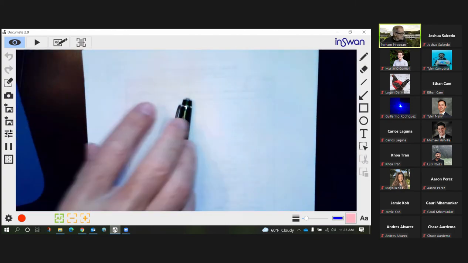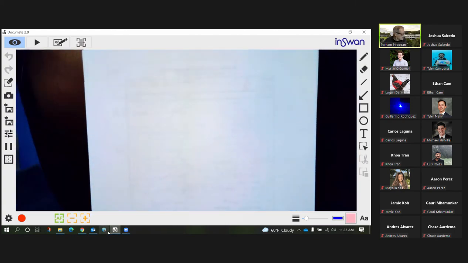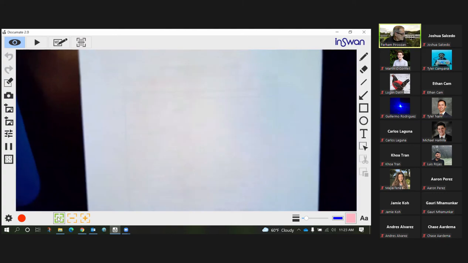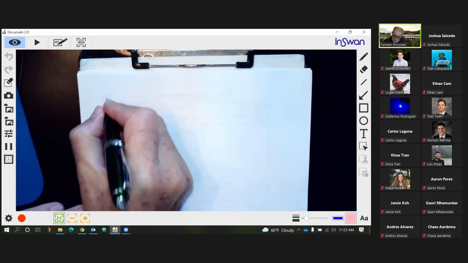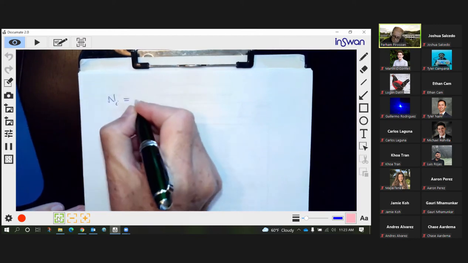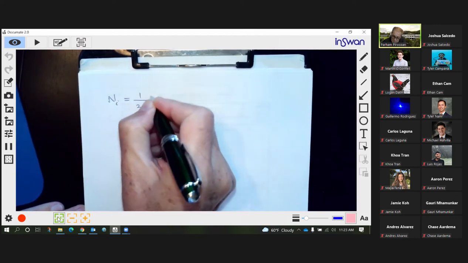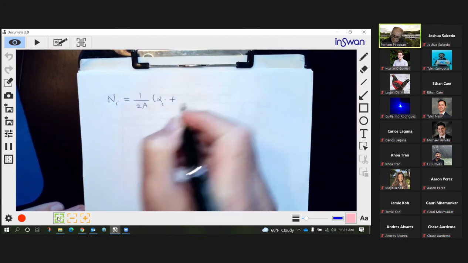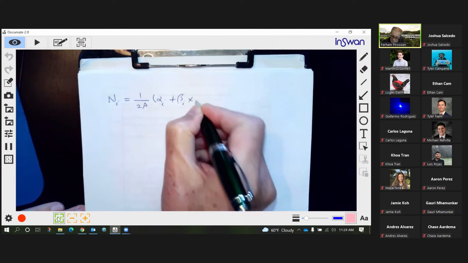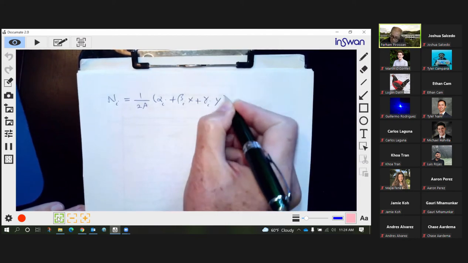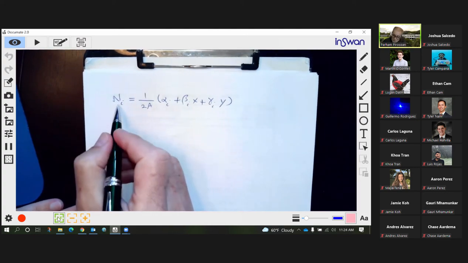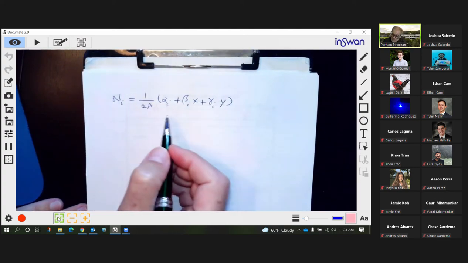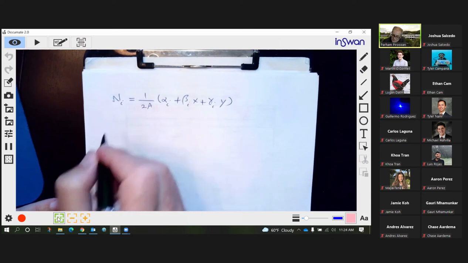Let me see, do you see the camera here? Yeah, we can see it. Okay, very good. So you see this is Ni equal to 1 over 2a, alpha I plus beta Ix plus gamma Iy. I want to evaluate this at node I to check if it is equal to 1 or not.